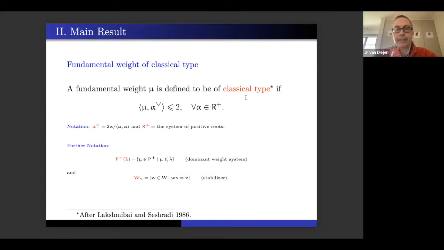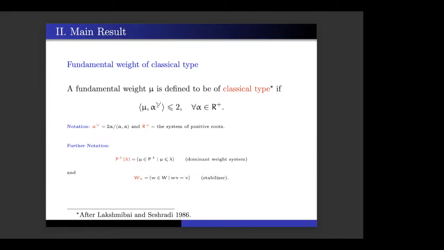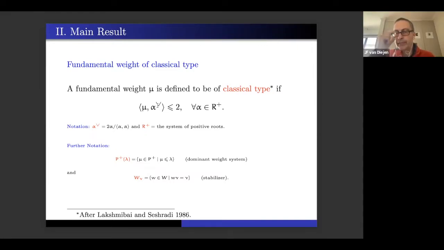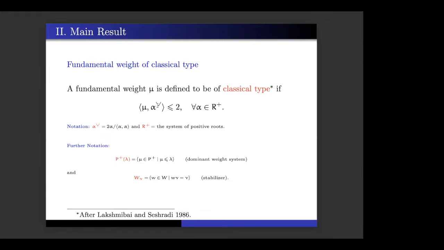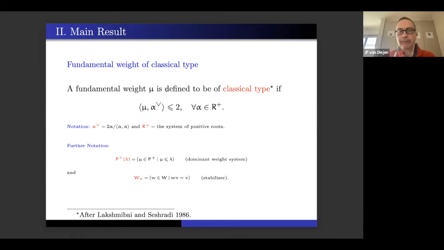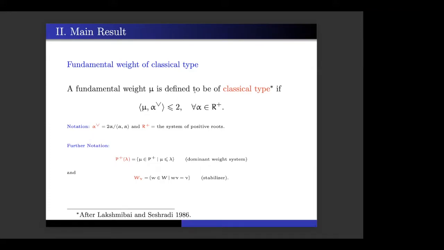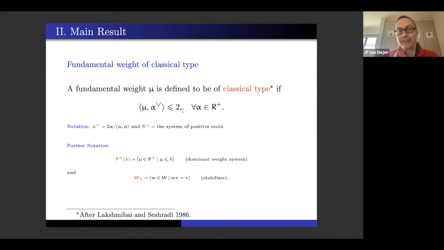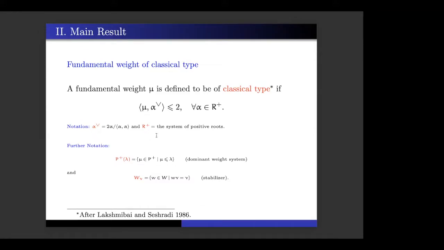That means that the formula can compute the multiplicities for tensoring with the fundamental representation in all the classical cases. In the exceptional cases, you will always miss a few fundamental weights which are not of classical type. For instance, for E6 you miss 1, and for E8 you miss 6. So it's not a complete formula still, but for the classical algebras it's a complete formula.